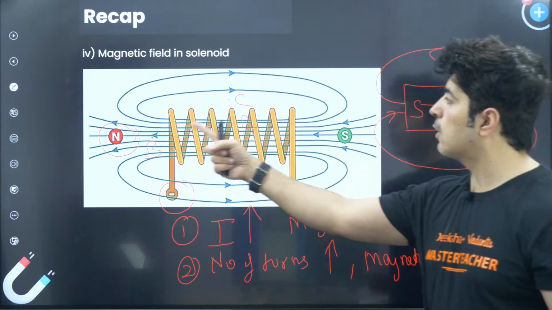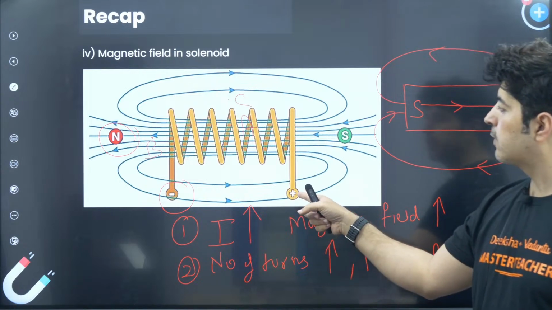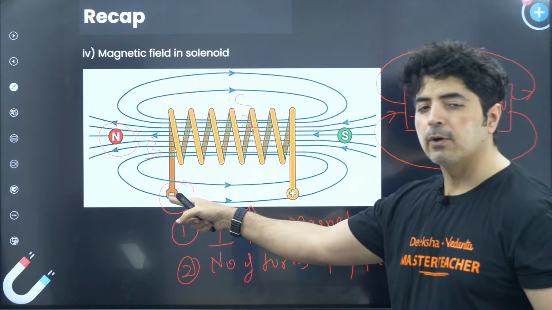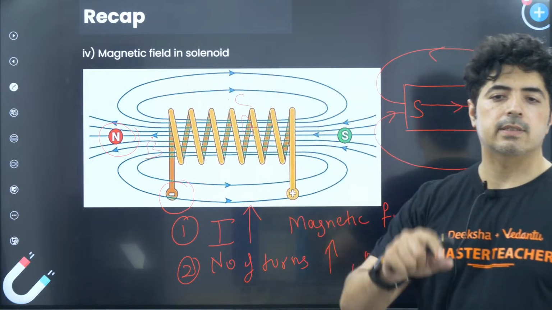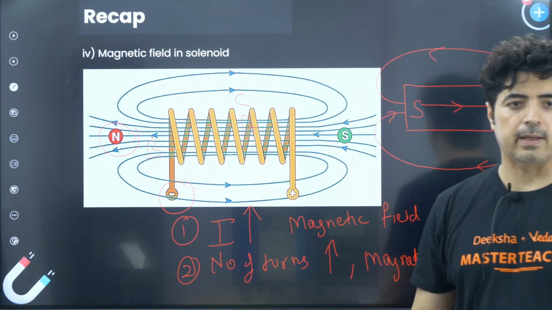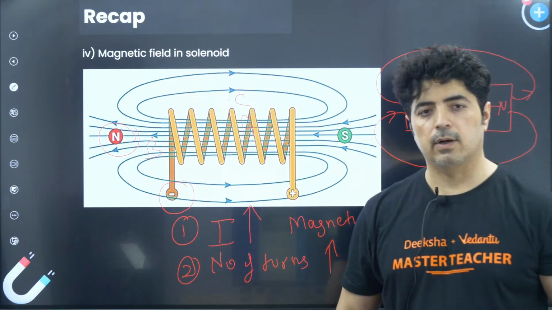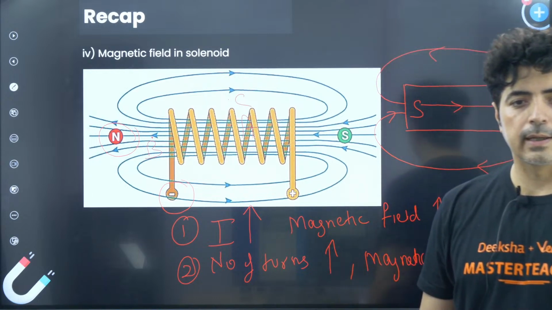We can bring south in place of north. All we have to do is connect this with the negative of the battery and this with the positive of the battery, and the polarity changes, which is not possible in a bar magnet. But a solenoid acts as a bar magnet. I hope this is absolutely clear, guys.